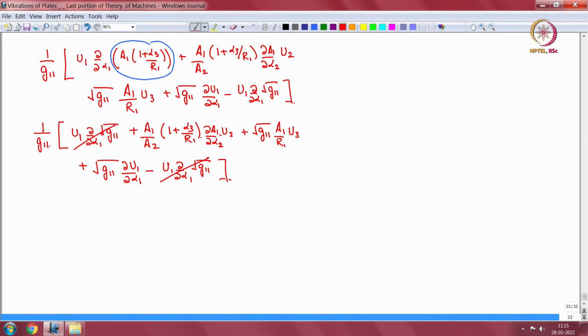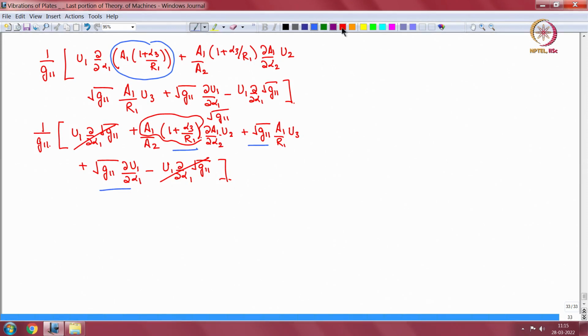Okay, and then this term is again square root of g11. So we have square root of g11 here, here and here.